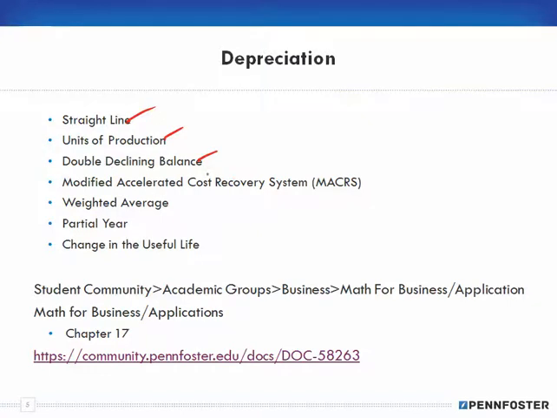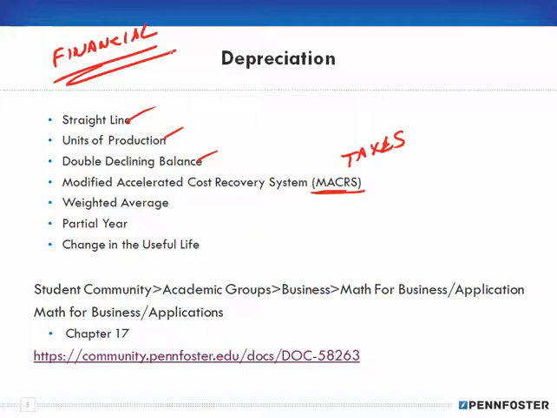Now, the modified accelerated cost recovery system, the MACRS system, is used when you're doing your taxes. Remember, when it comes to books of accounting, you have your financial accounting, which is what you present, which is what you use for your own analysis.